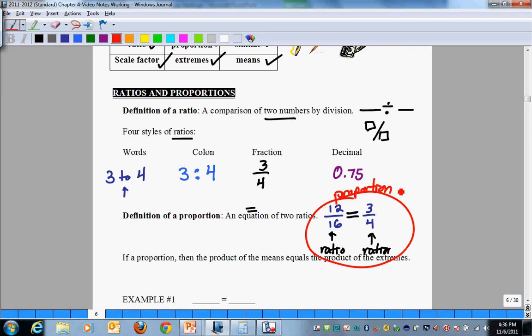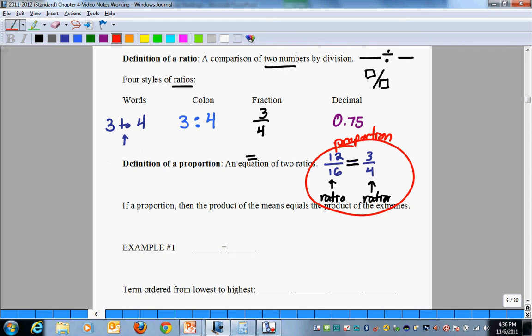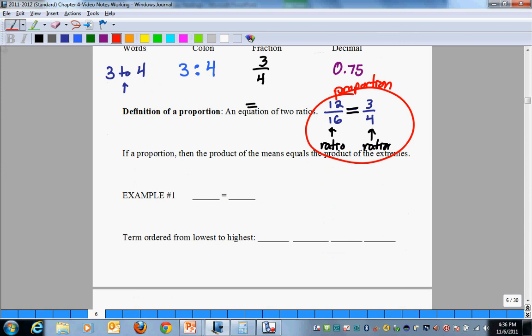And a proportion is an equation of ratios. Equation meaning equal. Let me give you an example. If we have here 2 over 3 equals 10 over 15. This would be a proportion, the whole thing.